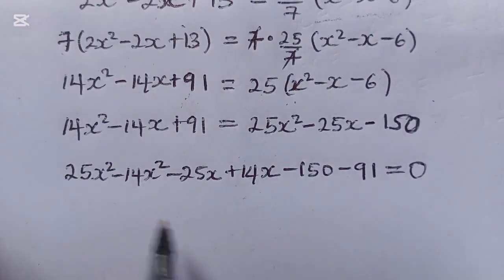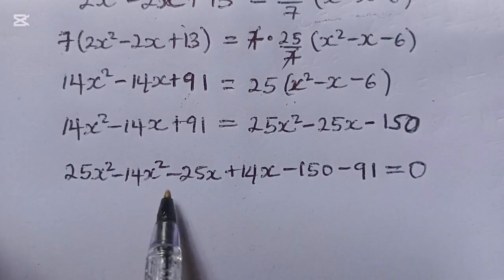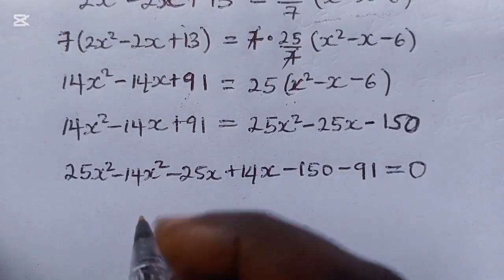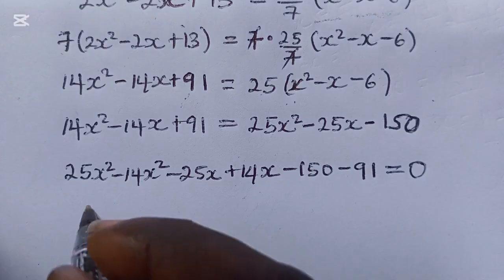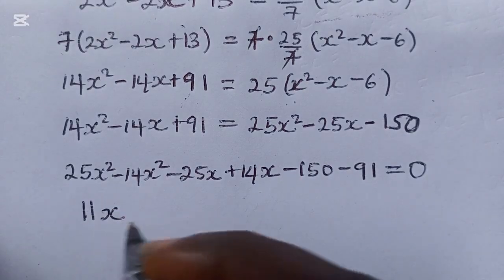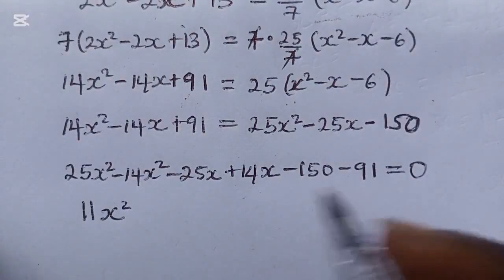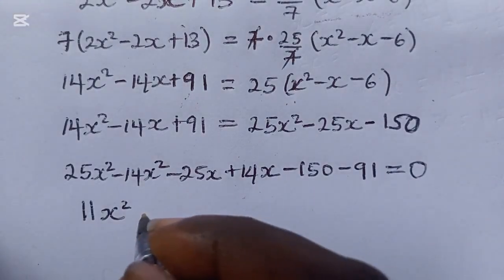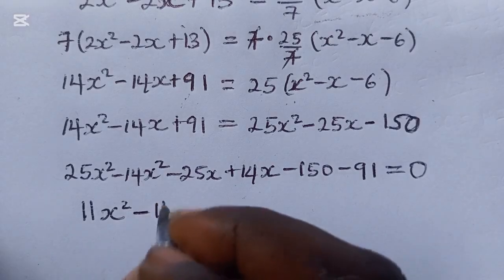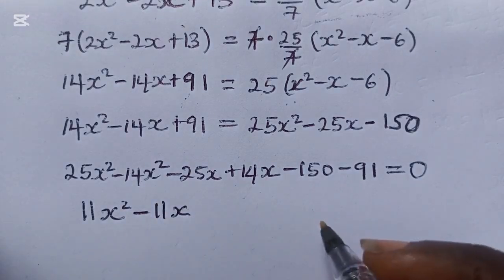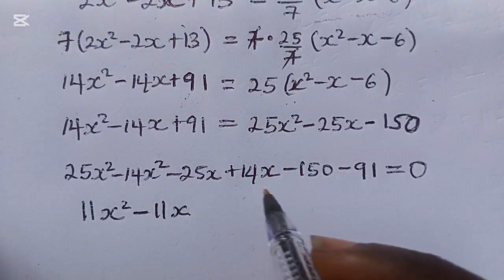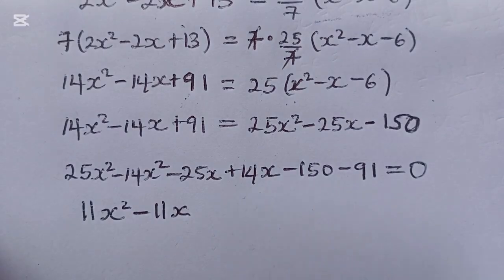Okay, so 25 minus 14, x square, that gave us 11x square. 25 minus 14 is also 11, minus 11x. So then we have minus 150, then minus 91.